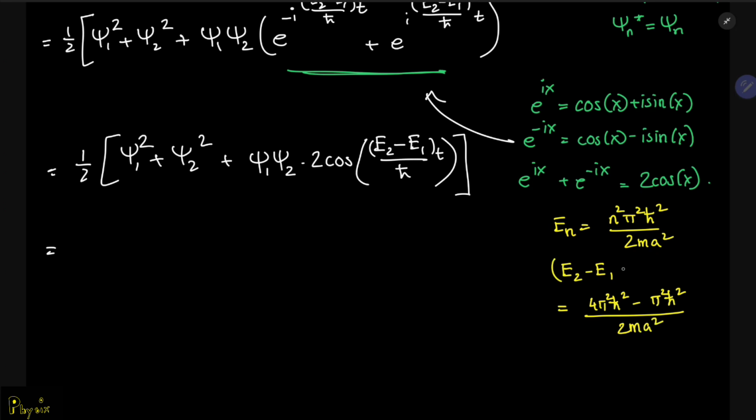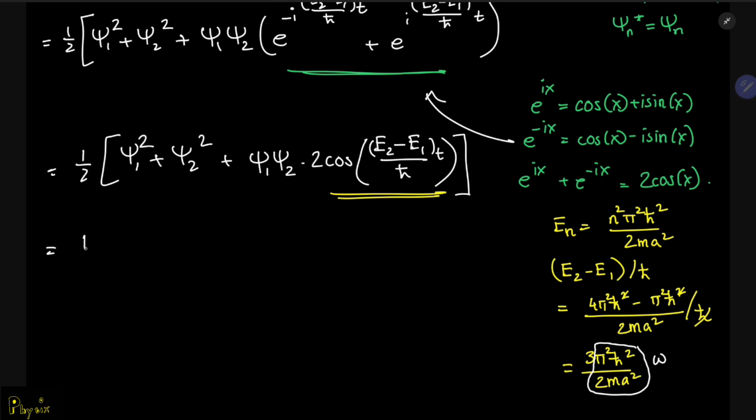If you divide this entire term by ħ, you finally get 3 pi squared ħ over 2m a squared. And if you go and reread the question, this entire term pi squared ħ over 2m a squared is your omega, your angular frequency. So we can write this entire term, 2 cosine of whatever this is, as 2 cosine of 3 omega t.